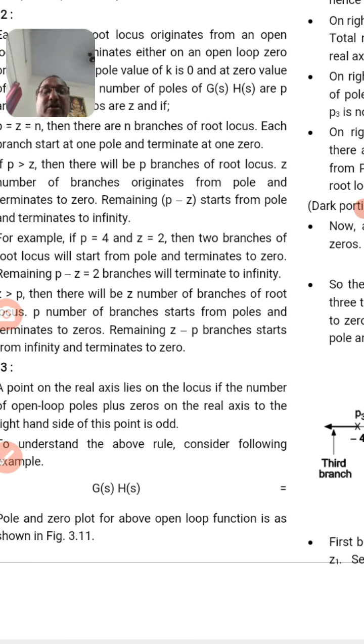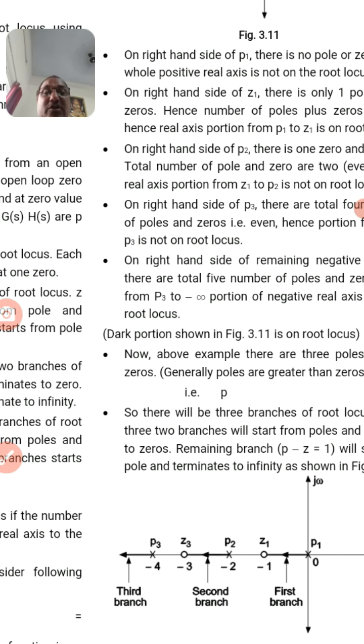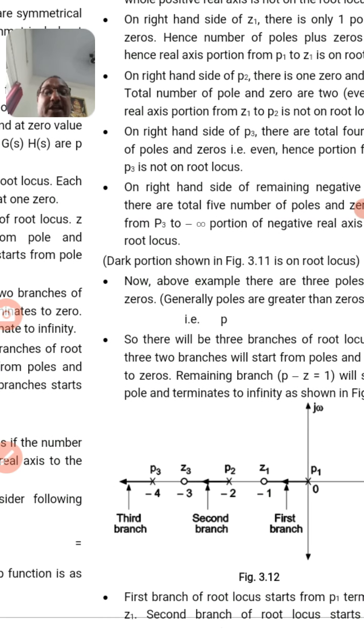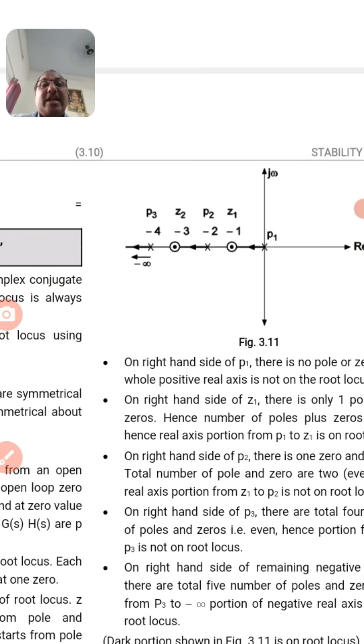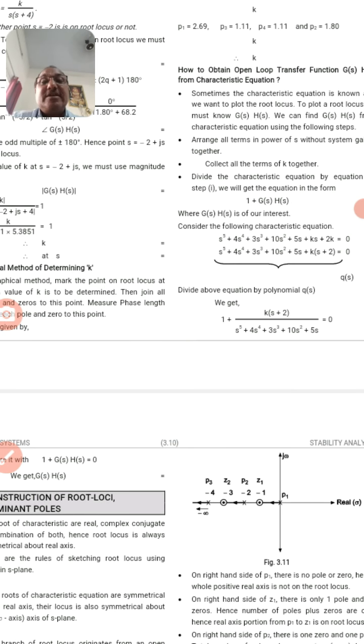Third, find the intersection on the S plane using the Routh-Hurwitz criteria, then plot the asymptotes, and so on. This is what a complete system is. Okay, we will see the next part in the next lecture.